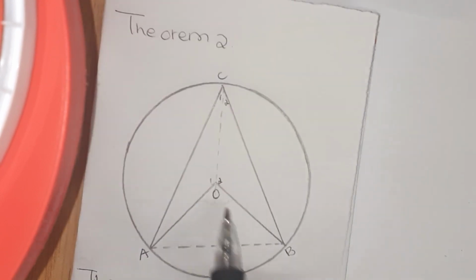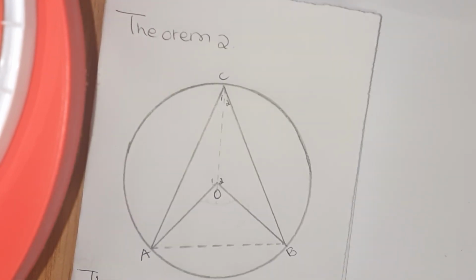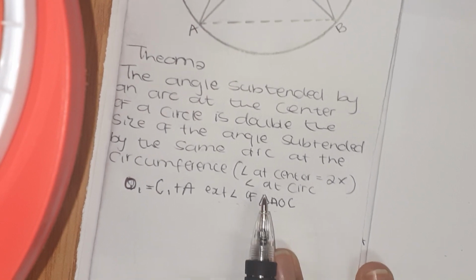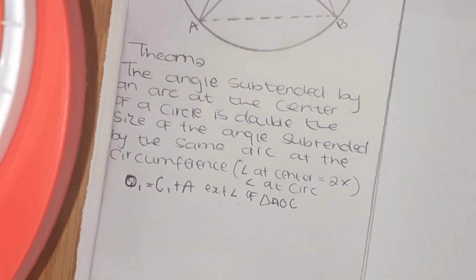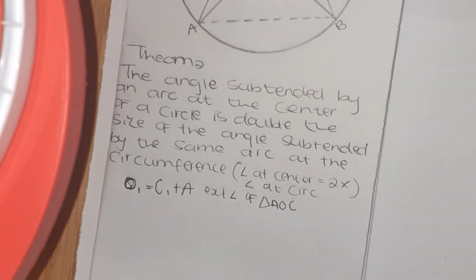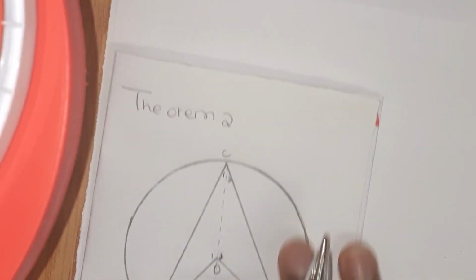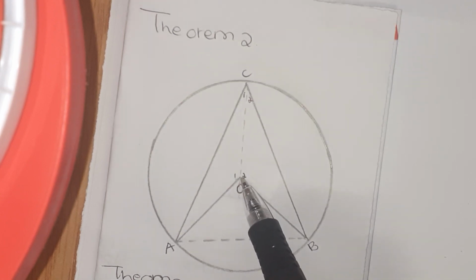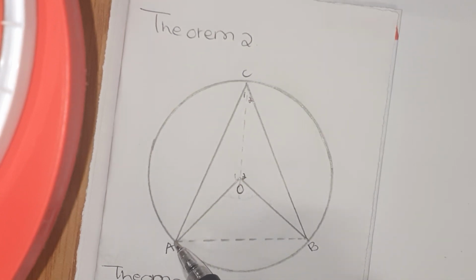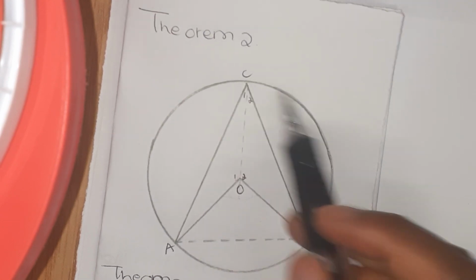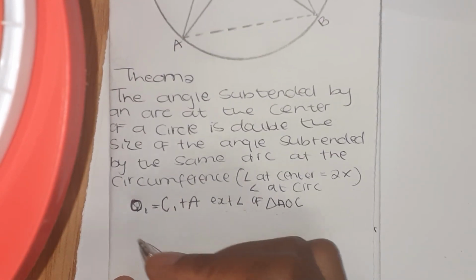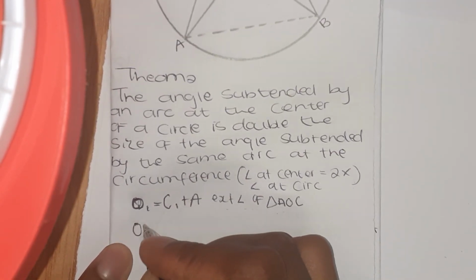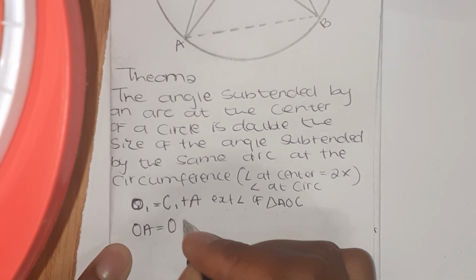Now, because this is 2 times this one at the center, the next thing we can do is prove using a radius. OA is equal to OC, that is radius, right? OA equals OC.